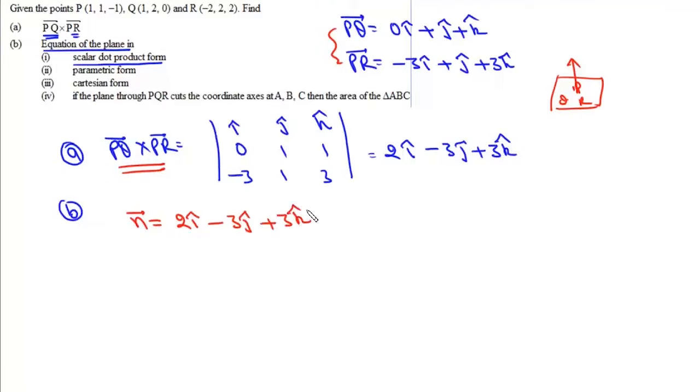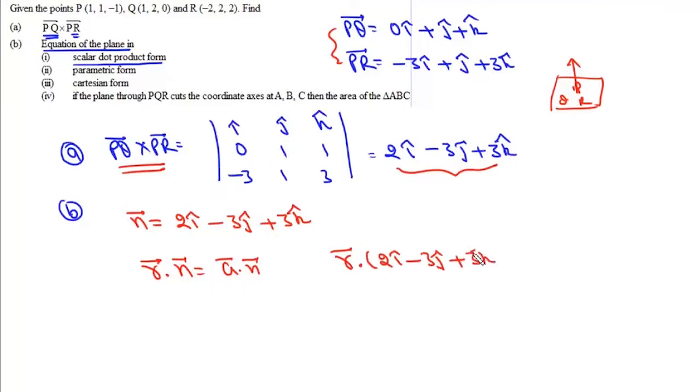plus 3k, and we know that the equation of a plane in vector form is given by r dot n equals a dot n, where a is any point on this plane. Now n in this case is 2i minus 3j plus 3k. Let the point be i plus j minus k, dot 2i minus 3j plus 3k.